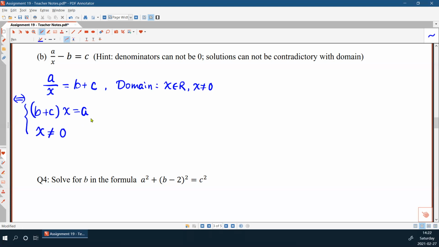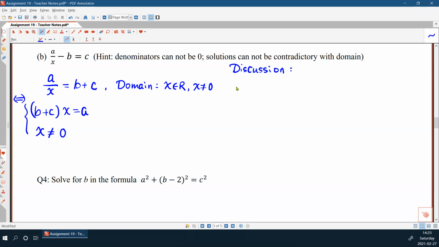And from here, we can then solve for x. Okay, again, we need to discuss. Okay, this is our discussion. We need to discuss whether b plus c is 0, right? Before we use it as denominator.